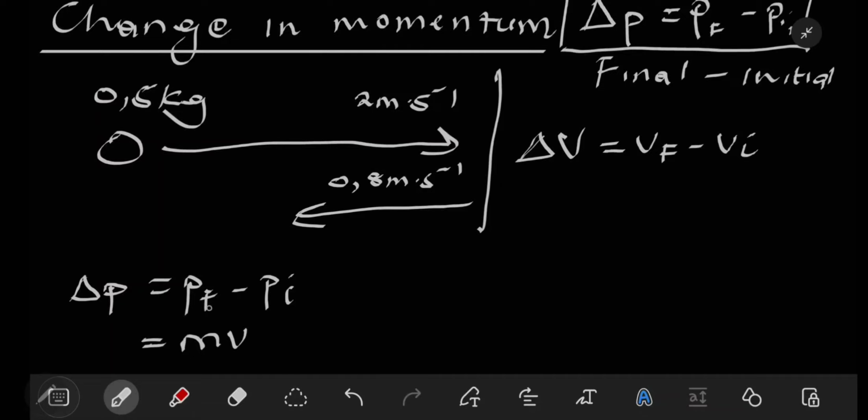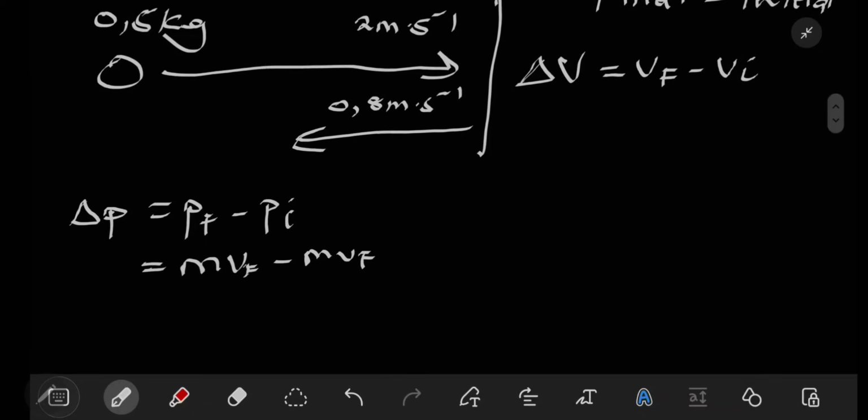So because the mass doesn't change, we can make m the subject of the formula and have m times v final minus v initial, because the mass is constant and only the velocities differ.